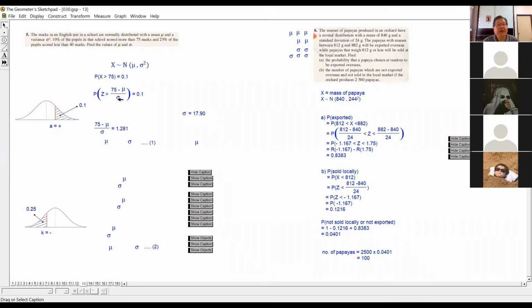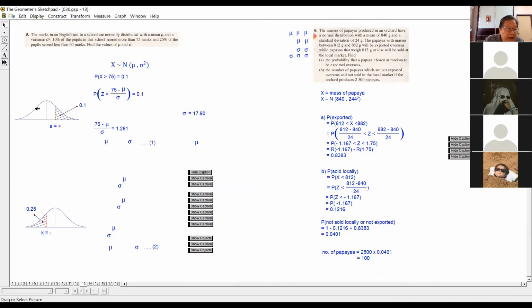Now we try to find the Z score for 0.1. I have drawn A to be positive. Can A be negative? Cannot.